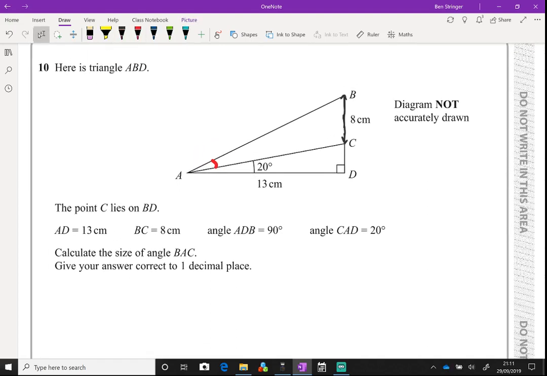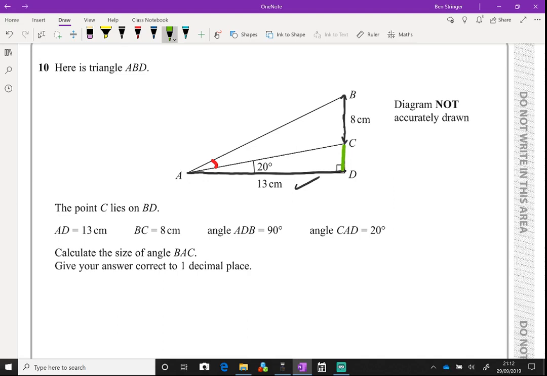Right, so if I could have this entire length and this entire length, I could use this big angle, and then once I've worked that out, I could subtract 20 and get that little angle. So what I'm trying to set up here is a SOH CAH TOA problem. I just like right angle triangles where possible. I know this one, I just need to find this missing little bit here.